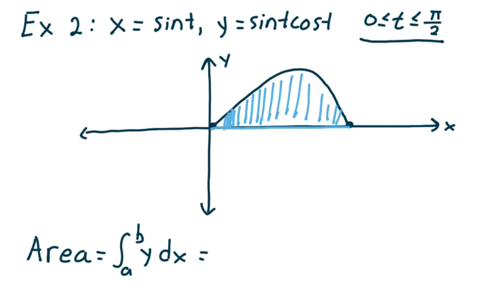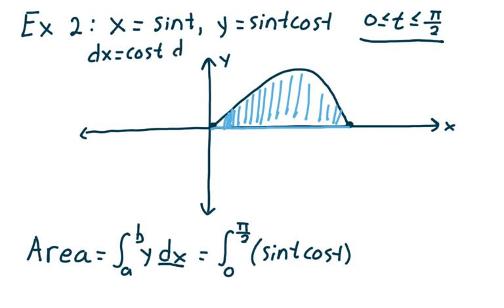Here, we're going to go from 0 to pi over 2. y is sine t times cosine t. dx, I can come over here, and that ends up being cosine t dt. So I'm going to replace dx with cosine t dt. So this is the integral from 0 to pi over 2 of sine t times cosine squared t dt.